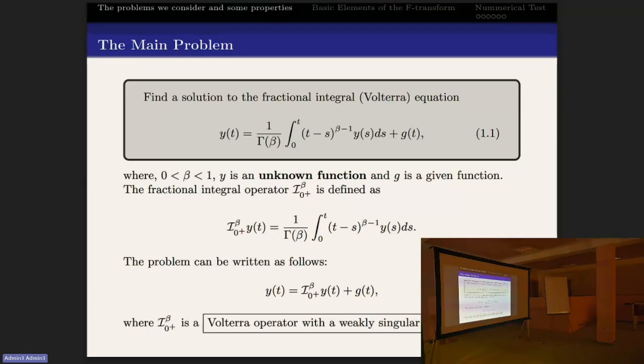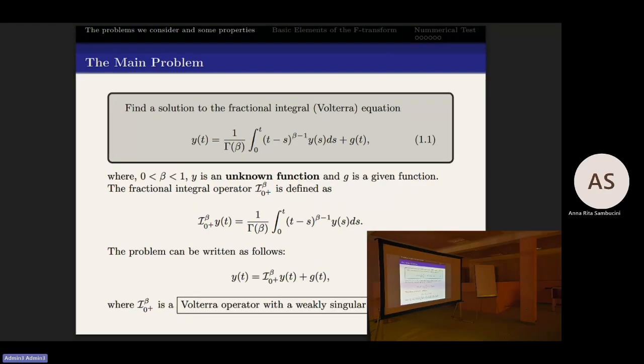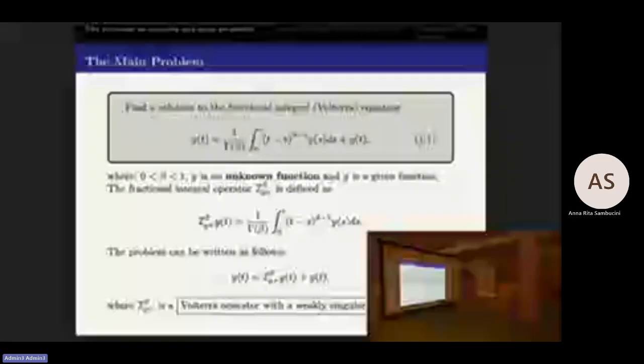So this is the integral fractional equation. Fractional means that this kernel is weakly singular.